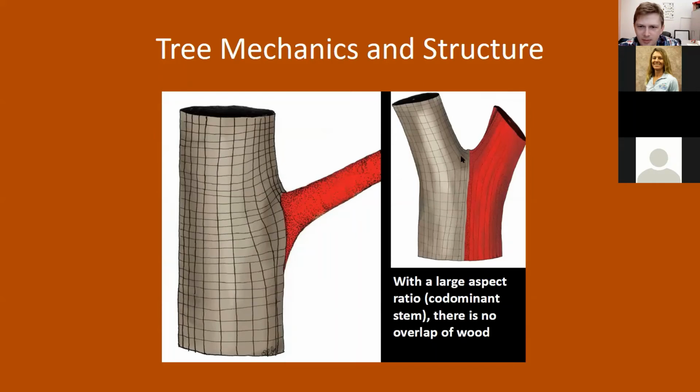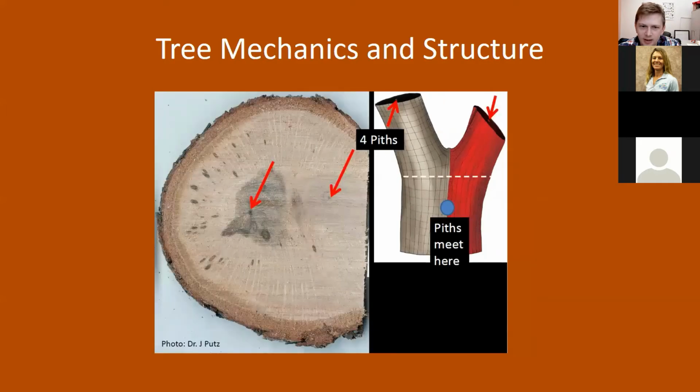So yeah, just going back, there's no overlap there. It's just this shared internal structure. And so I'll give you a cross-section view here. On the left-hand side, this is a cut from a tree that has two stems that were diverging from each other, two dominant leaders.